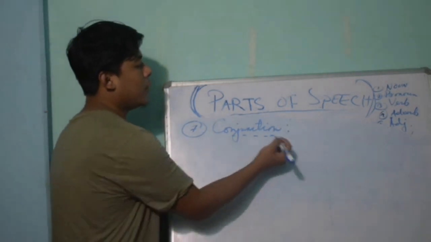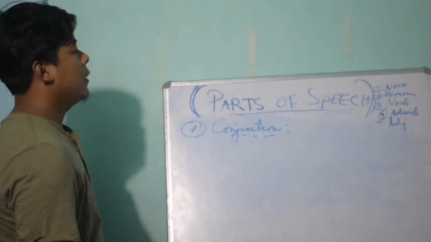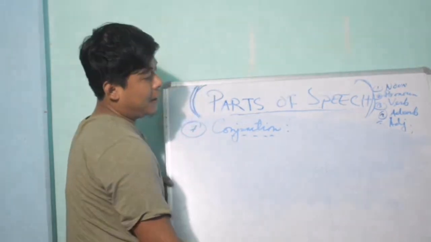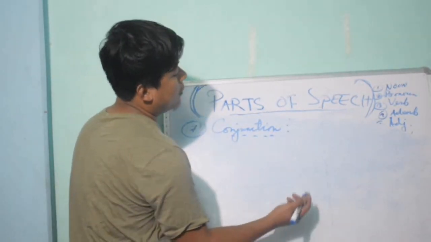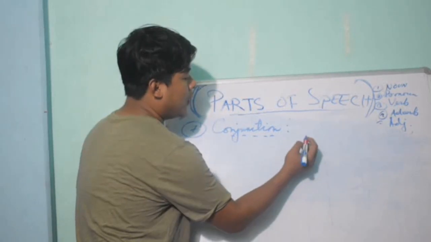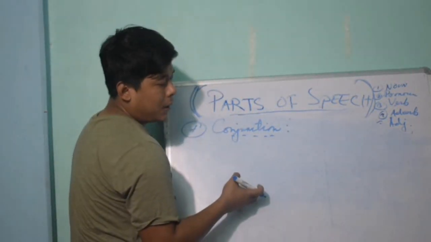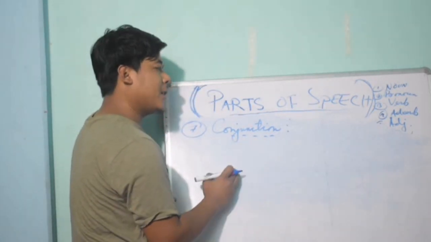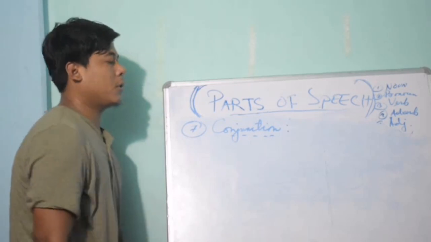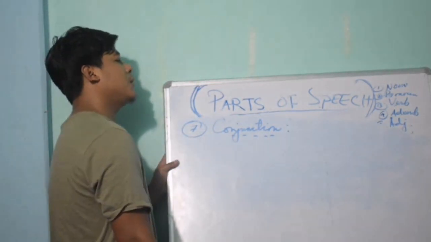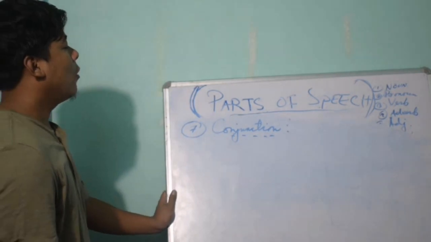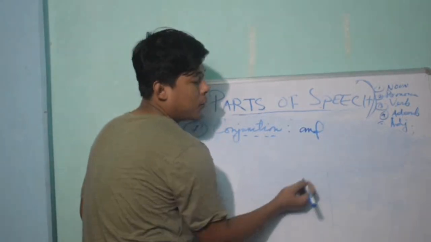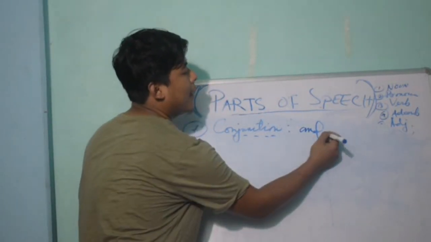If you see the word junction, a junction is a place where two roads meet or join each other, where two roads connect. So that means conjunction is a word that joins two or more words or phrases, or it can be clauses also, or two sentences also. Those words that join such sentences, clauses or words are called conjunctions.